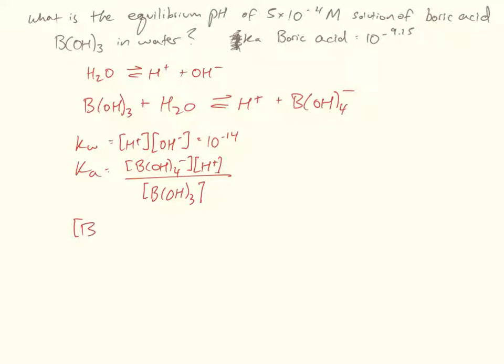So BOH3 plus BOH4 minus has to equal 5 times 10 to the negative 4th.